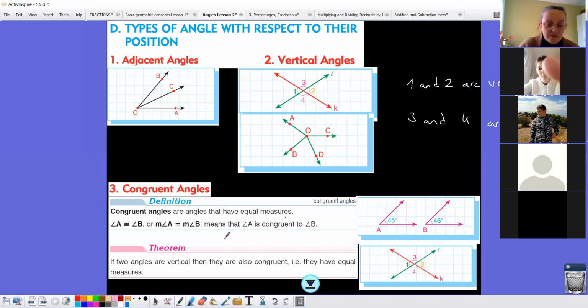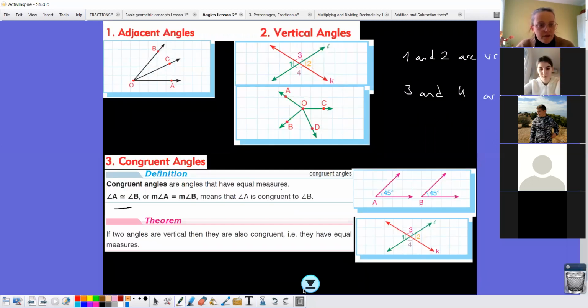As you can see, it's given here how we show congruent angles.